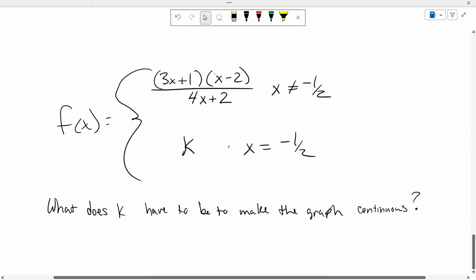What does k have to be to make this graph continuous? Well, if we stick a negative 1/2 in here, what does the denominator become here? 0. So what I would do is I would graph this on my graphing calculator.